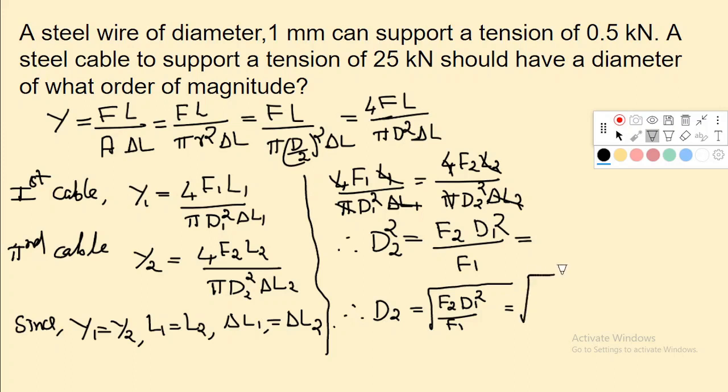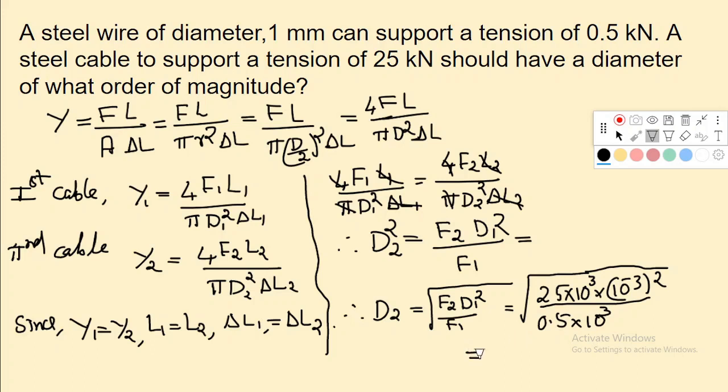So let us substitute. F2 is equal to 25 kilonewton. So 25 into 10 raised to 3, d1 is 1 millimeter. So 1 millimeter we know is 10 raised to negative 3. So negative 3 whole square, and divided by F1 is equal to 0.5 in kilonewton, that is into 10 raised to 3.